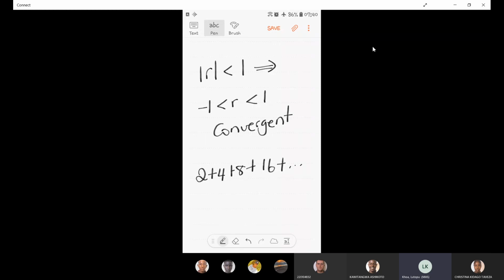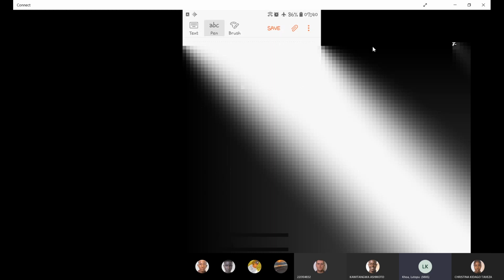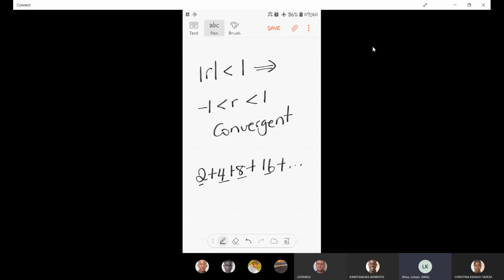This one, even without working out r, you can tell just by looking at it, because I'm adding numbers that are getting bigger and bigger. So obviously the final answer will not be 20, maybe it will not be 1,000, because eventually I will add a number that is bigger than 1,000 and I will pass 1,000.